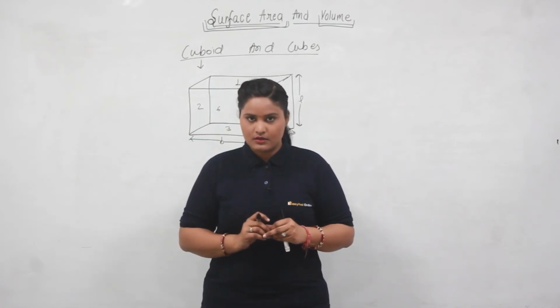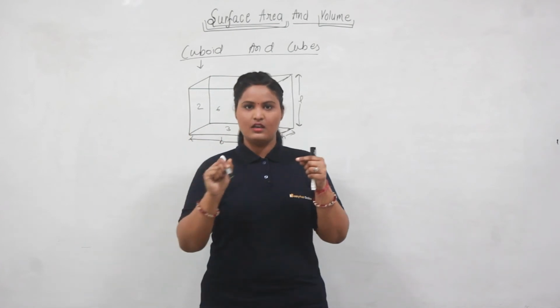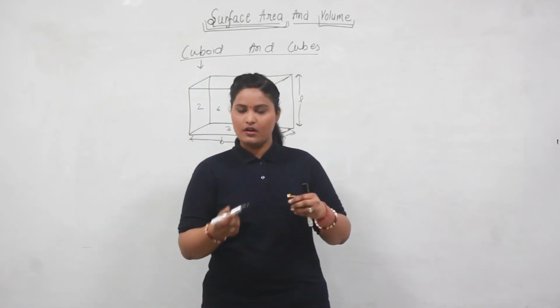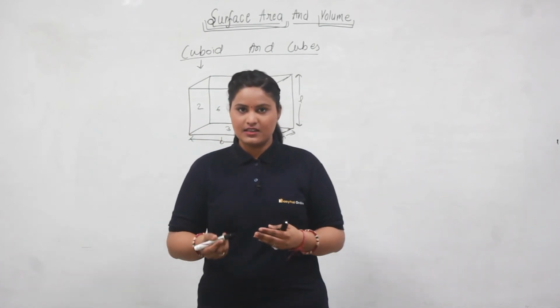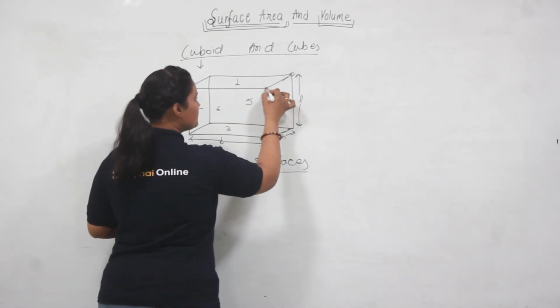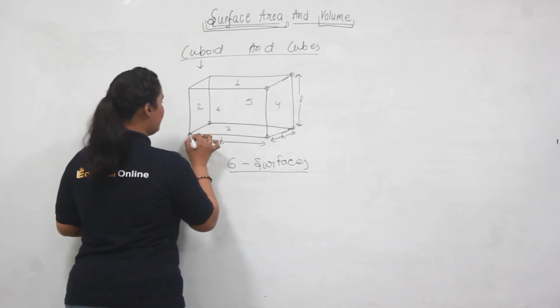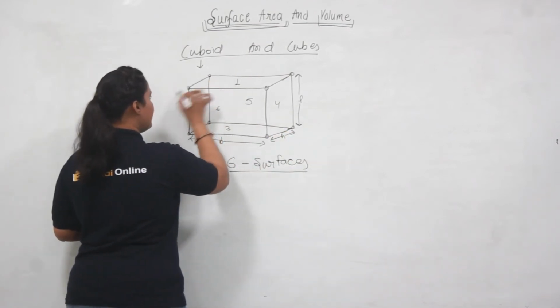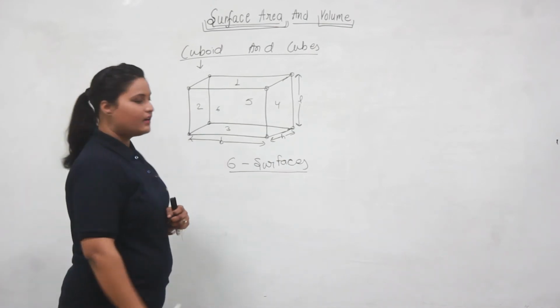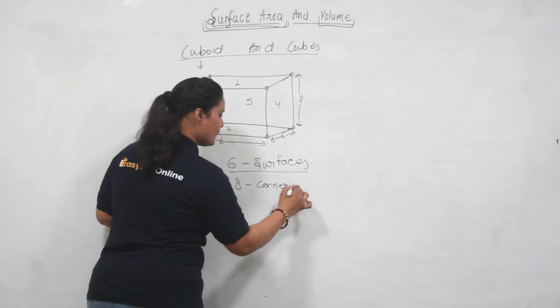If you count 1, 2, 3, 4, 5, 6, 7 and 8, there will be 8 corners.